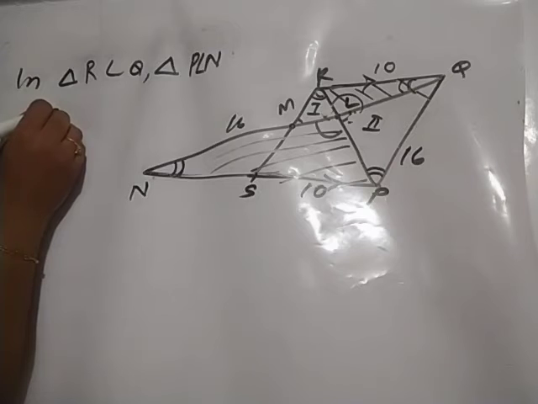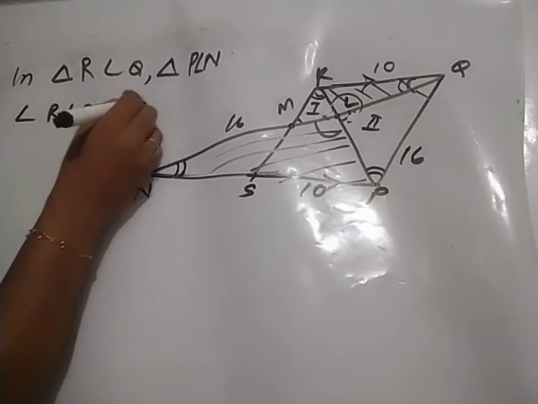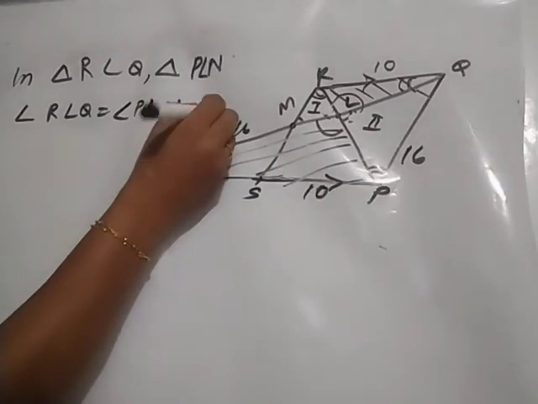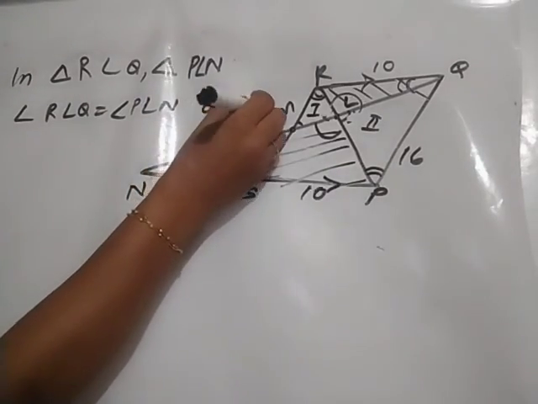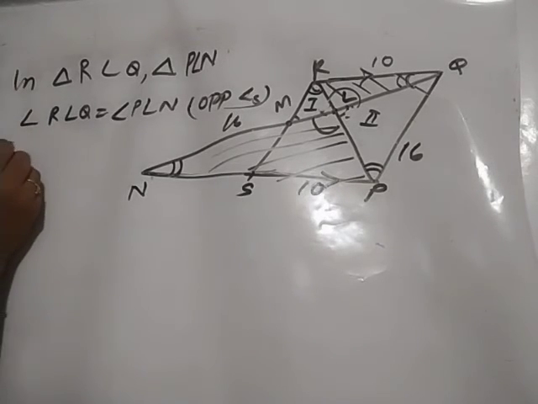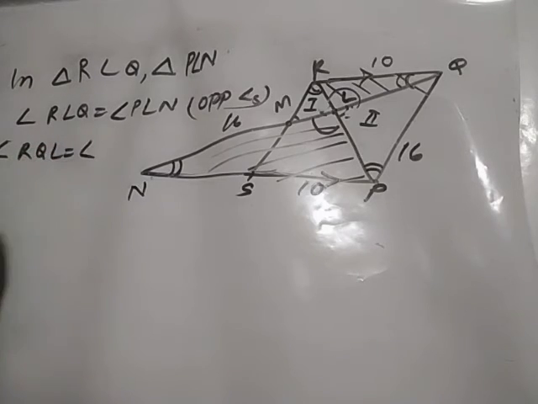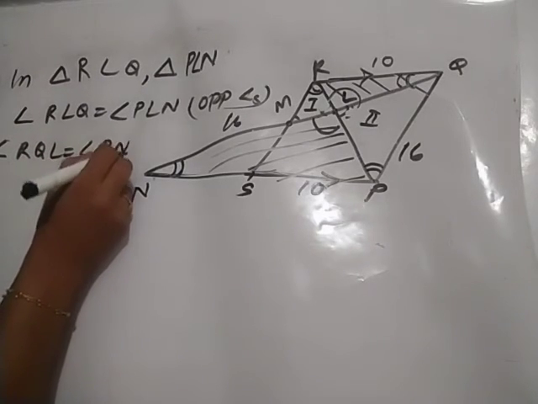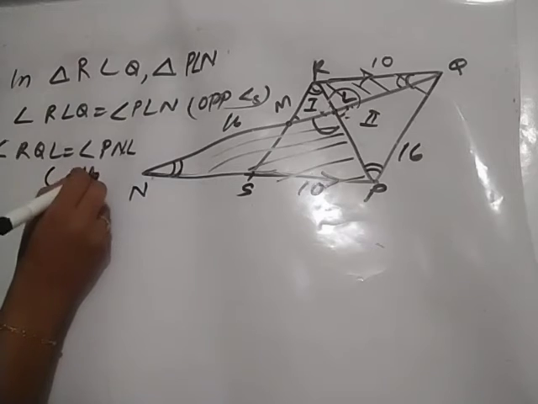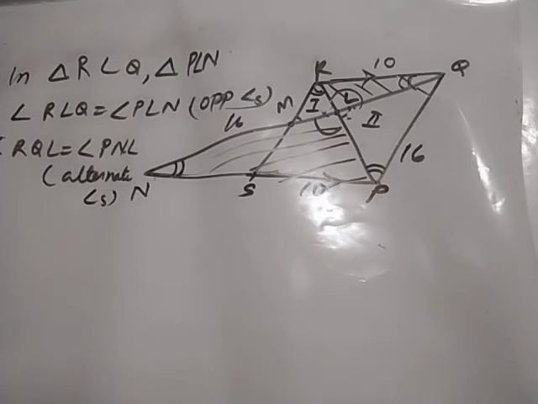Angle RLQ is equal to angle PLN, opposite angles. Okay. Then next, angle RQL is equal to angle PNL. Reason, alternate angles. These two statements you write. Okay.